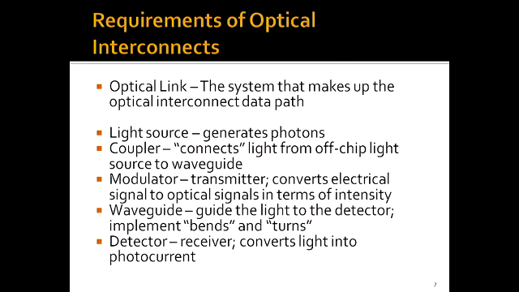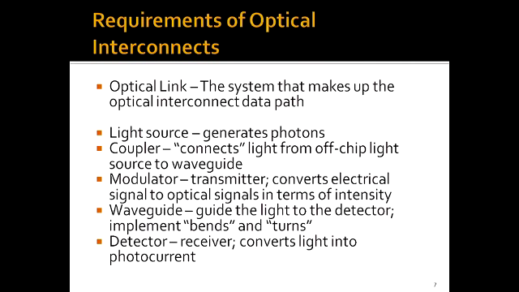The system as a whole that would complete the data path is called an optical link, and it consists of a light source, couplers, modulators, waveguide, and detectors. And the light source generates photons with a specific wavelength and sends it to the modulator, which is like a transmitter, and converts that signal to optical signals in terms of the intensity.